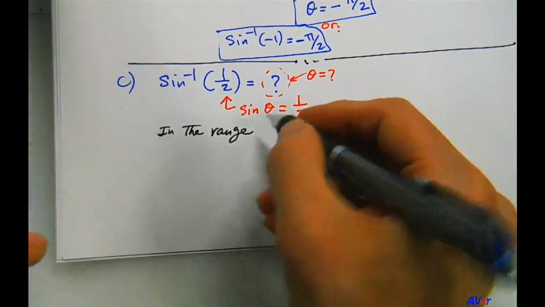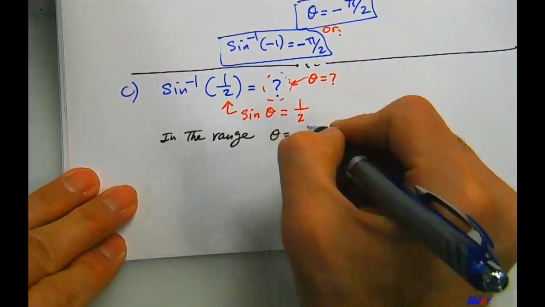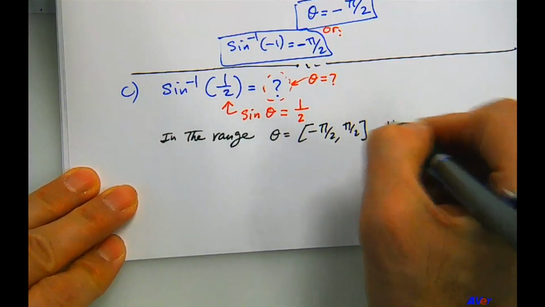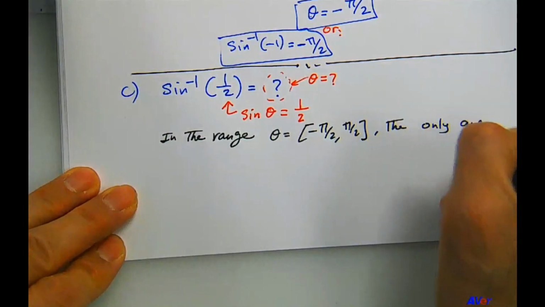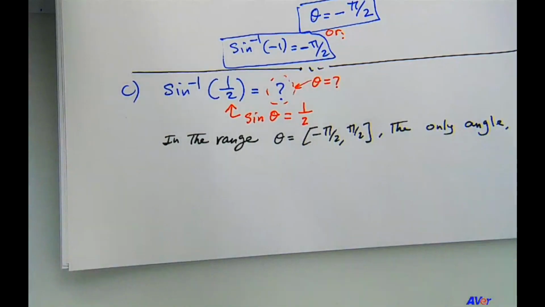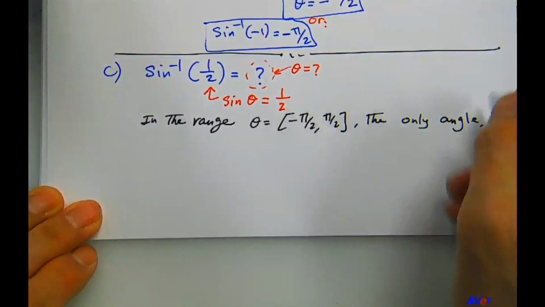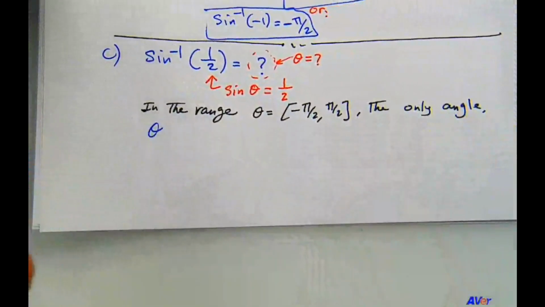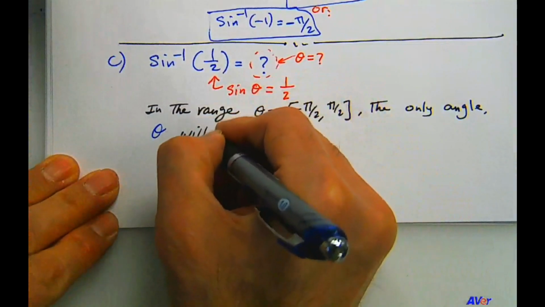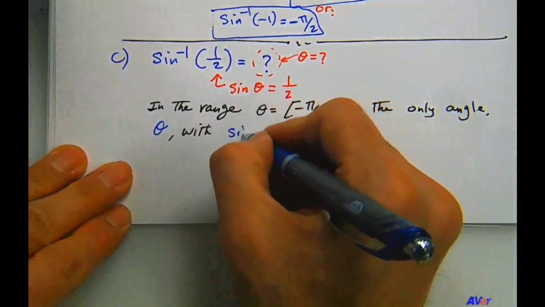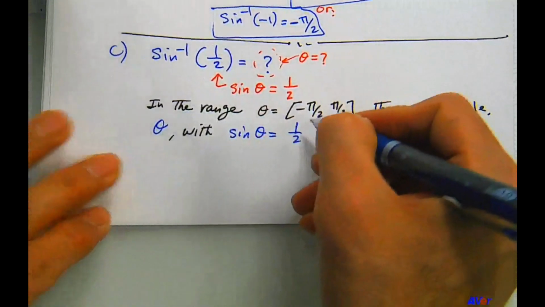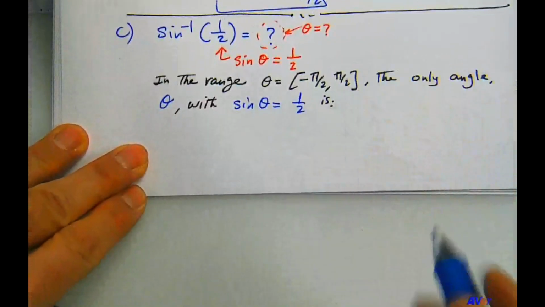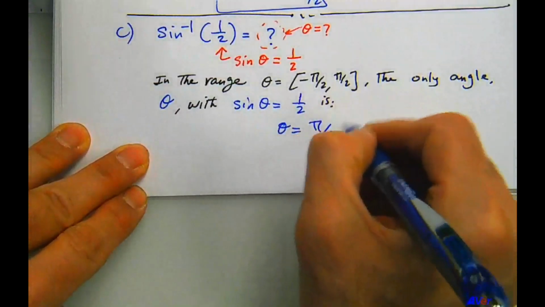In the range theta equals -π/2 to π/2, the only angle theta with sine of theta equals 1/2 is theta equals π/6.